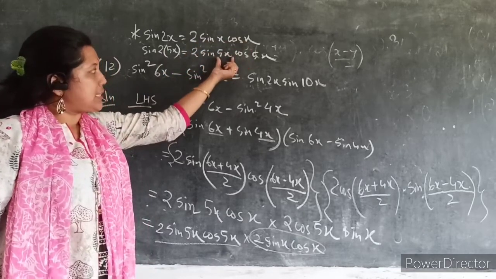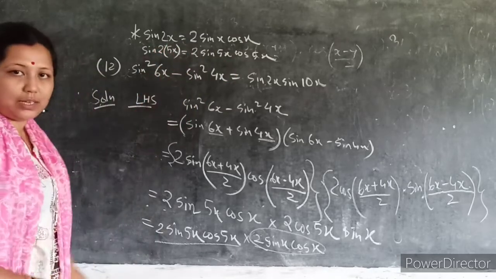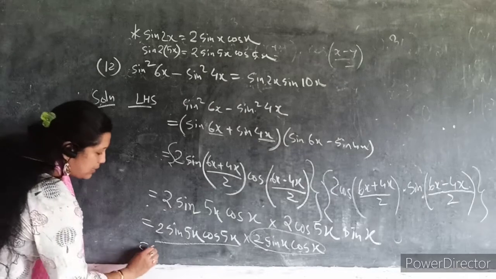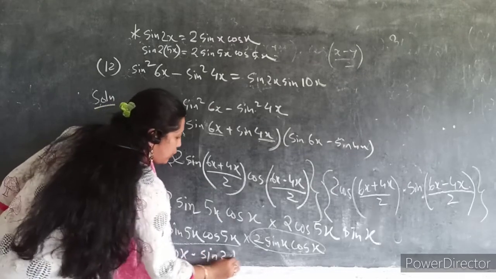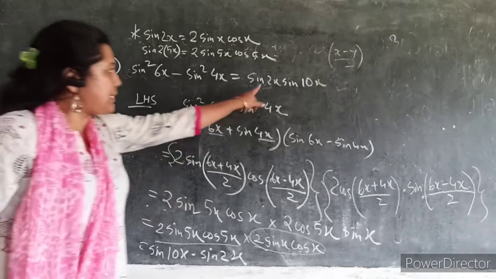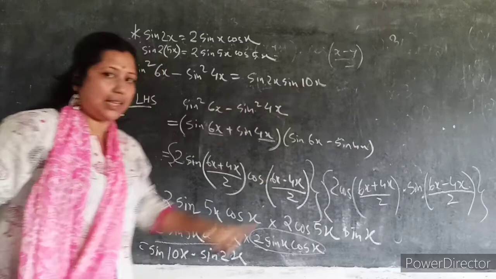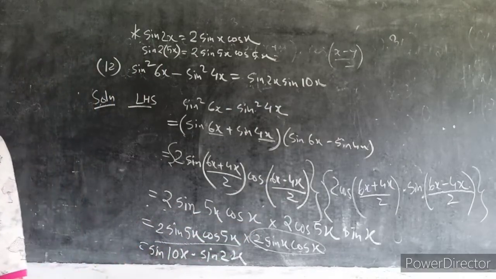Now your second part has angle 5x, so 2 times 5x will be sin of 10x into sin 2x. So is it equal to your right hand side or not? Your right hand side is sin 2x into sin 10x. That is the answer we got: sin 2x into sin 10x.